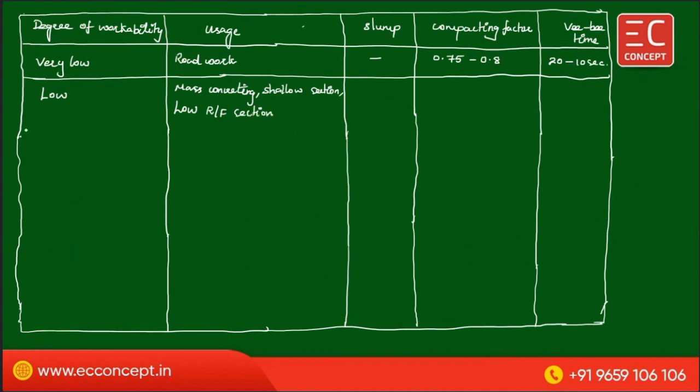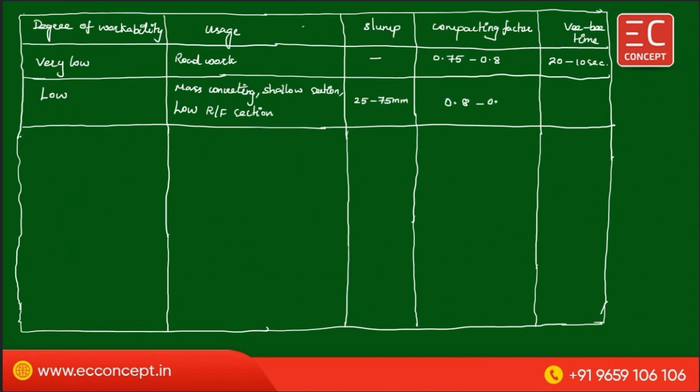For low workability we will get a slump of 25 to 75 mm, compacting factor 0.8 to 0.85, and VB time 10 to 5 seconds.